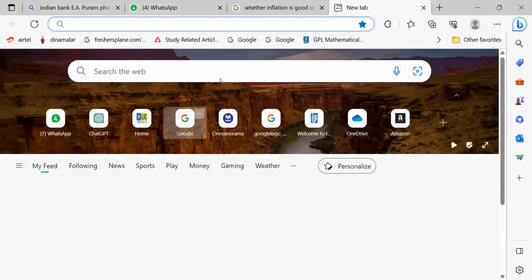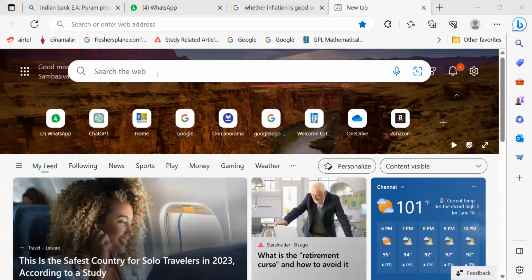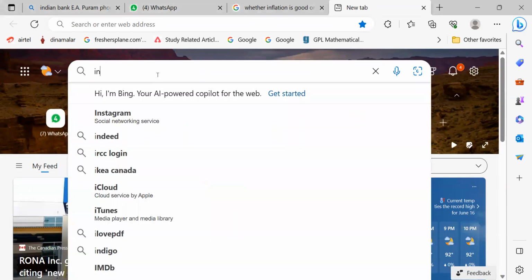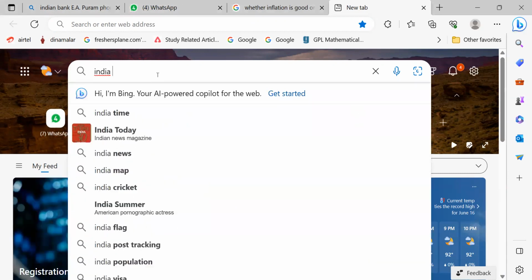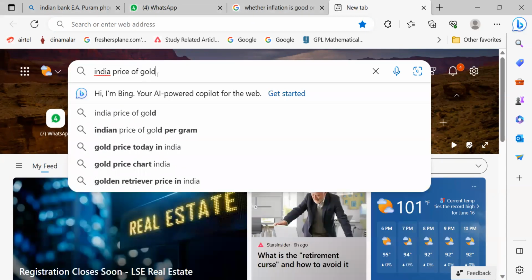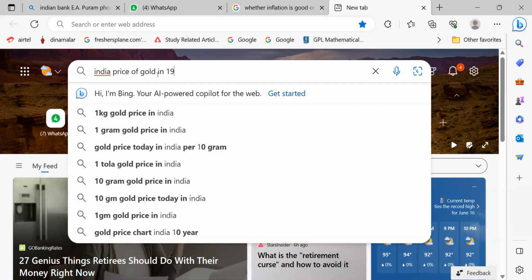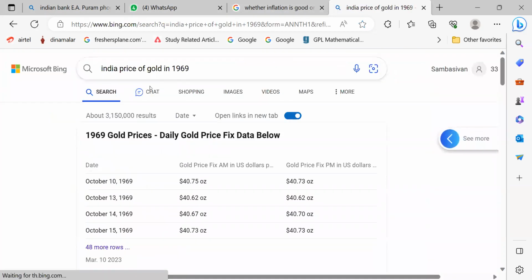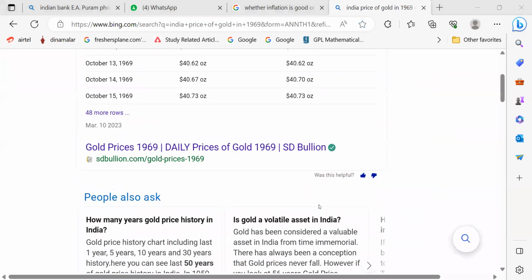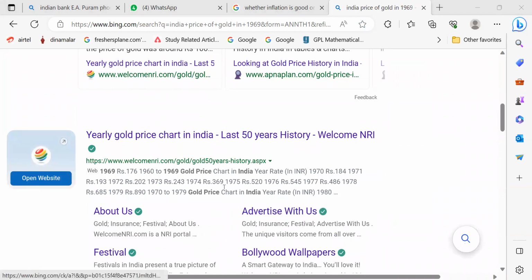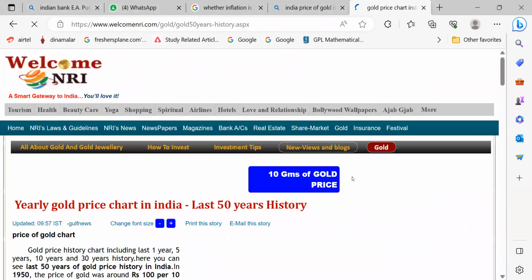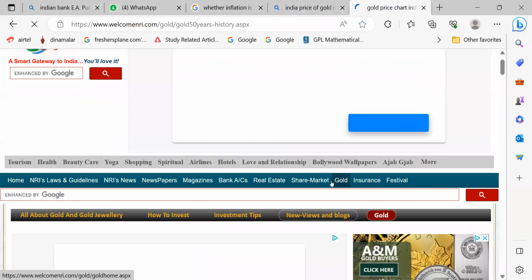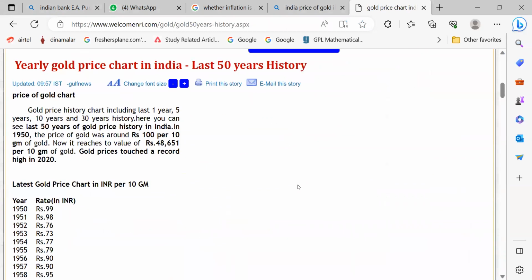I told it as sovereign; I don't know whether what I told is right or wrong. Let me check it up. So now it is 48,000. The price of gold in India in 1969. The last 50 years gold price chart is available thanks to our Google.